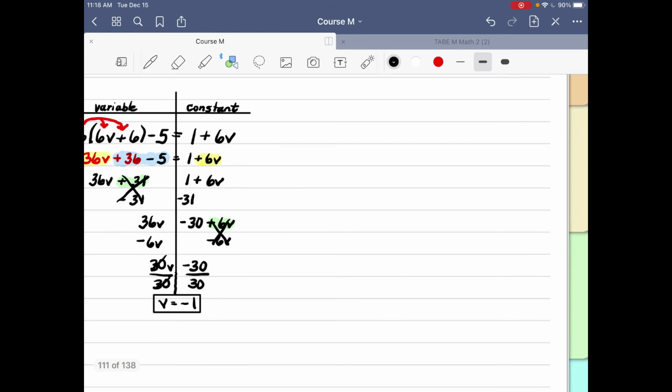Okay, here is number 7. It's another difficult one. We have negative 4k plus 2 parentheses 5k minus 6 parentheses equals negative 3k minus 39.